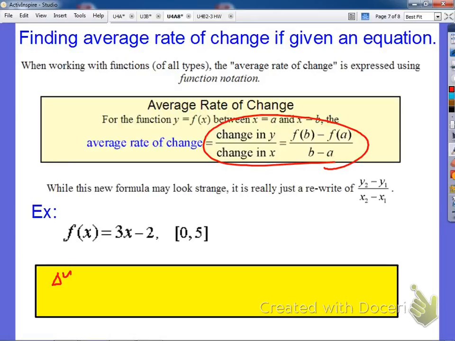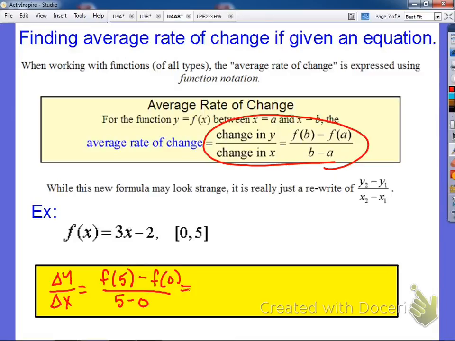The change in y over the change in x is equal to f of 5 minus f of 0 all over 5 minus 0. So f of 5, this is where you plug in 5 into this equation, and I don't care how you do it. Maybe you do it by hand because you're brilliant.